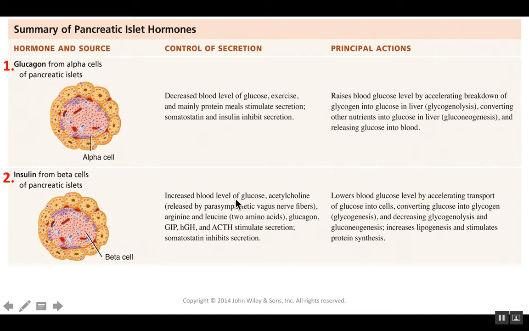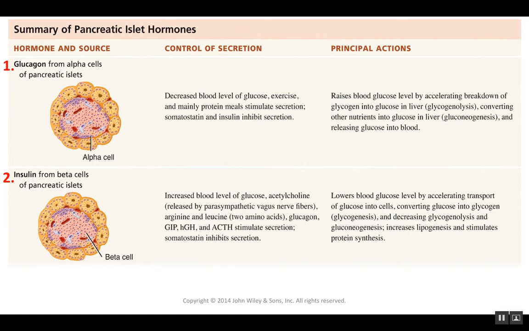So as a response, these hormones do the opposite. So if decreased blood sugar stimulates glucagon production, glucagon will result in raising blood sugar. It does this by targeting the liver. The liver can produce glucose one of two ways.